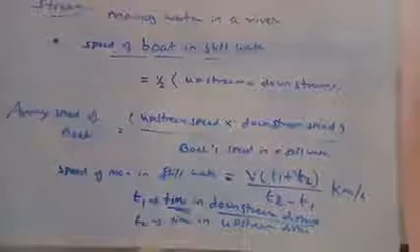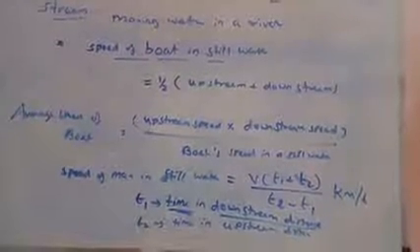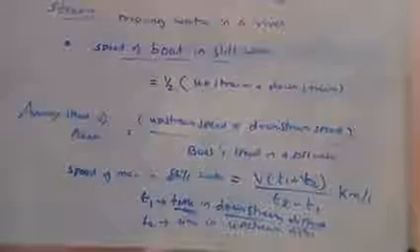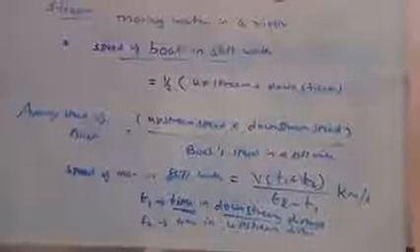The same direction as the stream means downstream, the opposite direction means upstream, and the corresponding time for the distance downstream is T1. T2 is the time to return the same distance in upstream.